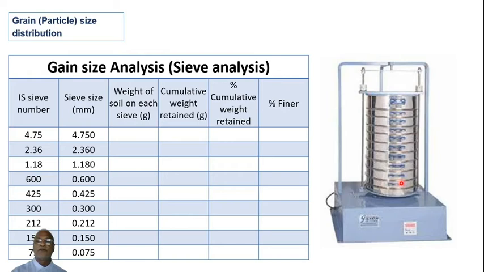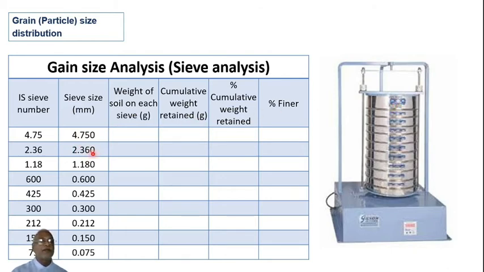Now what is the aperture size or opening size of the sieve? Not the sieve size itself, but the openings inside the sieve. It is 4.75 mm, the largest opening, on the top.